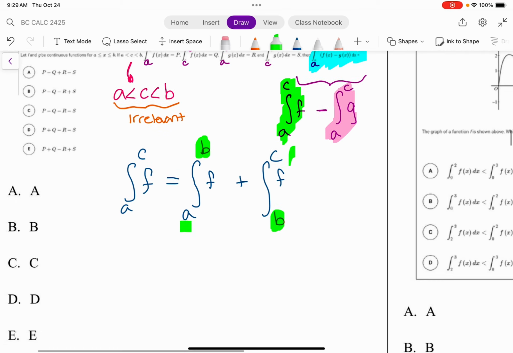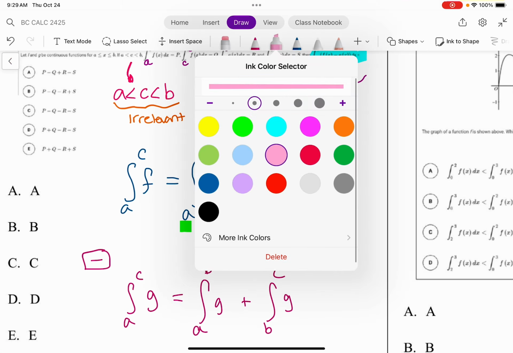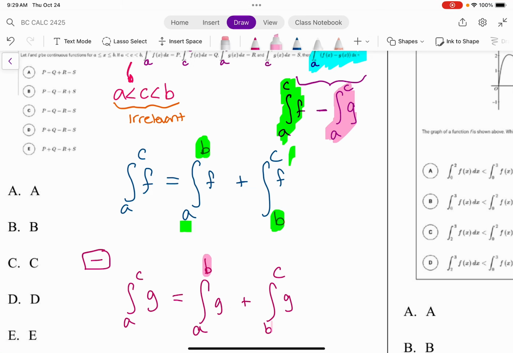Okay, so we're going to do that, and then we're going to minus the integral from a to c of g. And again, same thing. I can do this with a, c, and as long as these are both b's, this property will work. So that's why I say that inequality up there is irrelevant.